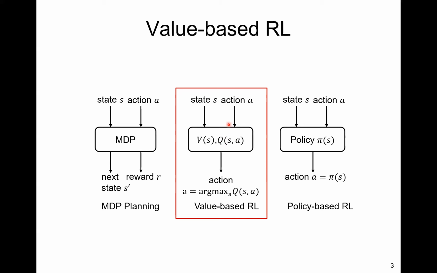We just learn the value function V or Q, and then take an argmax over A to get the optimal policy. And in a future lecture, we'll discuss policy-based RL, where we learn the policy directly without learning the value functions.